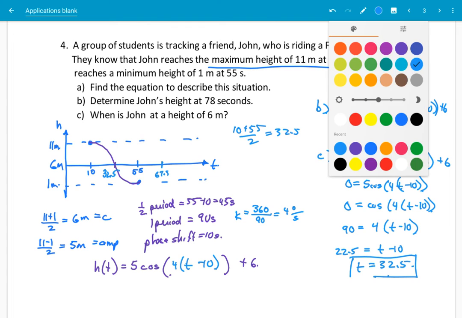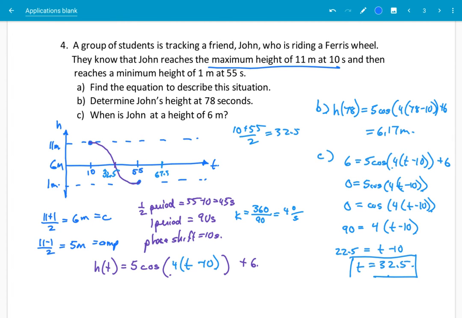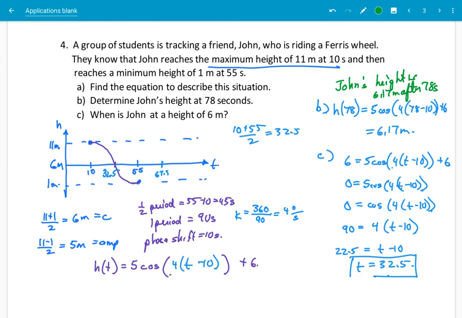I should write concluding statements. Different color, maybe. John's height is 6.17 meters after 78 seconds.